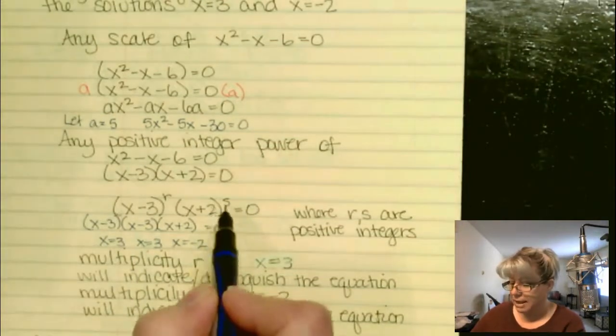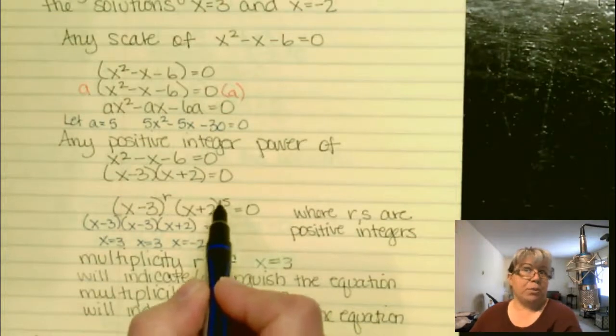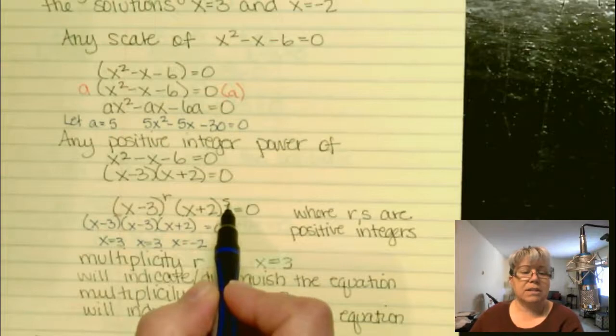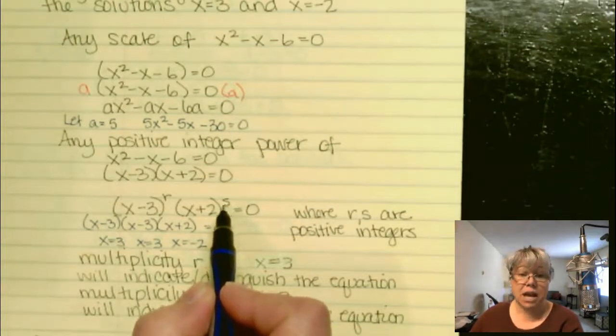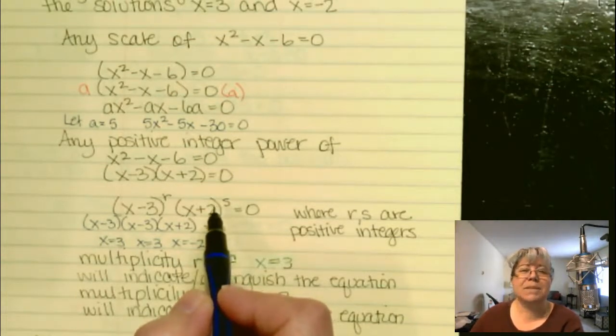Likewise, if there was a power of 3, x plus 2 all to the third power, that means that answer has the multiplicity of 3. That means it happens 3 times. So I would have x equals negative 2, x equals negative 2, x equals negative 2. In essence, multiplicity is how many times it repeats.